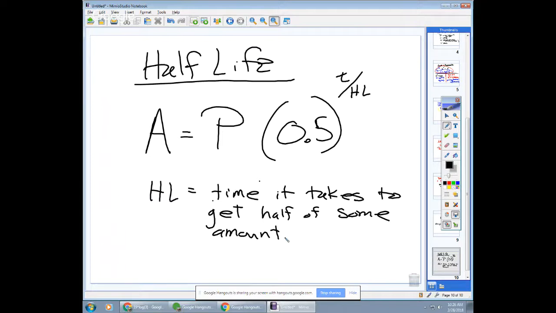With carbon-14, anybody remember what the half-life of carbon-14 was? No, it was huge. It was like 5,000 years, 5,730 years. Yeah, so our power there was T over 5,730. Right, so we just take whatever the time is to cut it in half, and we throw that up there.